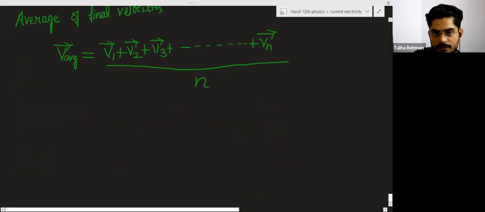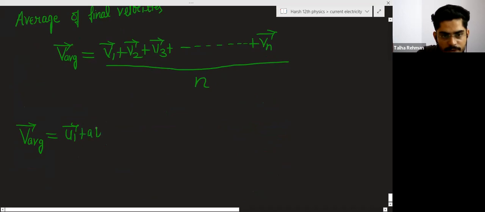So you will see V average is equal to V1, which is U1 plus A into tau 1.